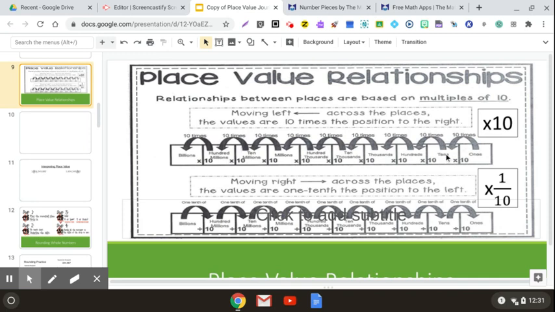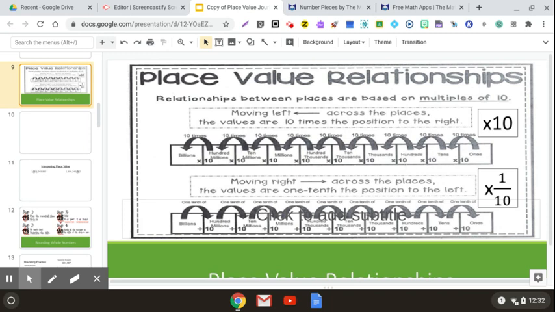Every time we move over a place, we get 10 times bigger, because 1 times 10 is 10, 10 times 10 is 100, 100 times 10 is 1,000, 1,000 times 10 is 10,000. See, you already know this because you already know that these are bigger.